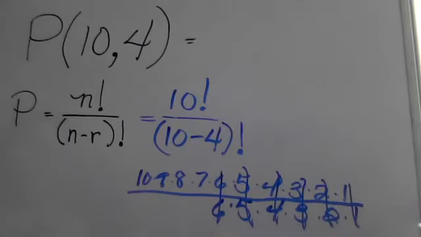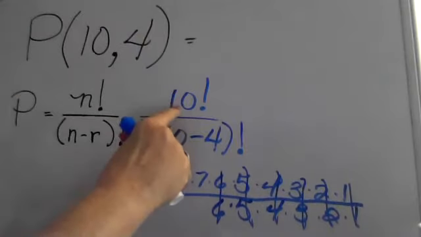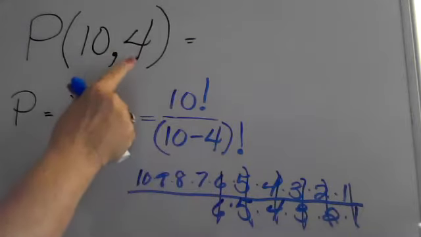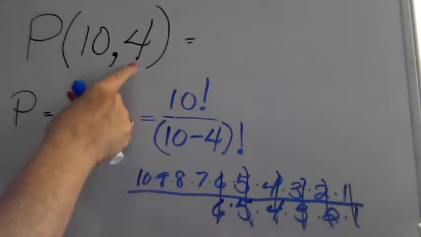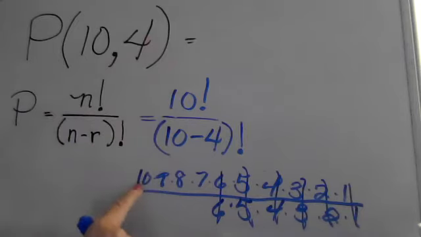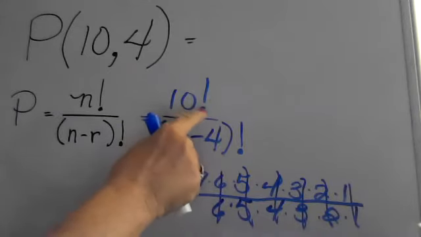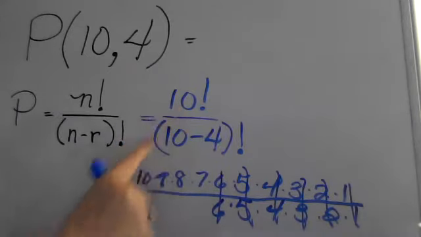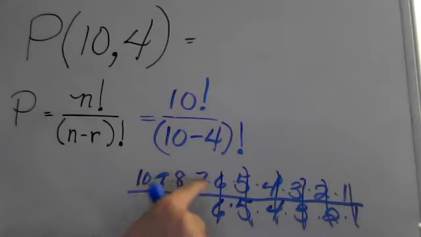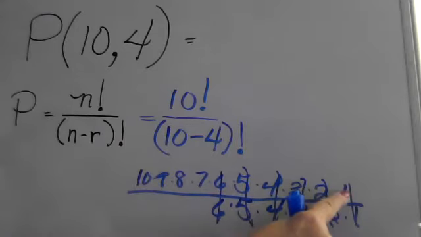And so what we said was the number of people who want that position are 10, but I only have 4 positions to fill. So some of these guys aren't going to get in, period. Okay, now this is how I worked the problem by hand. We found out that factorials are this. 10 factorial starts with a 10 and multiplies all the way down to 1.